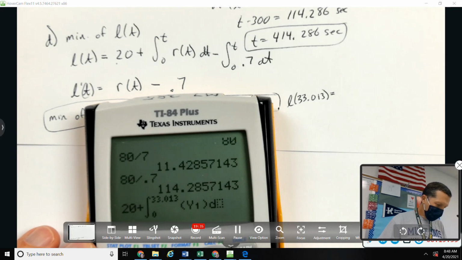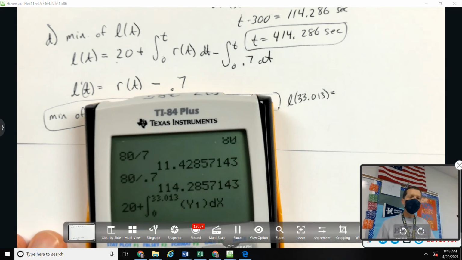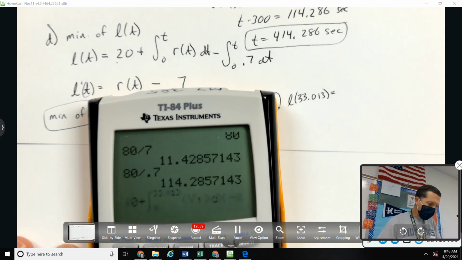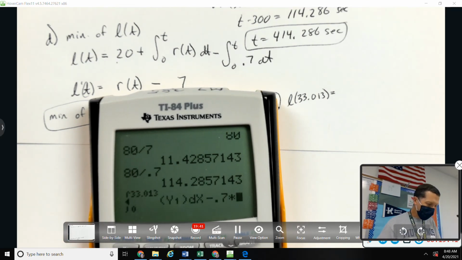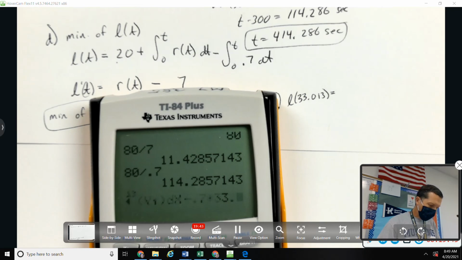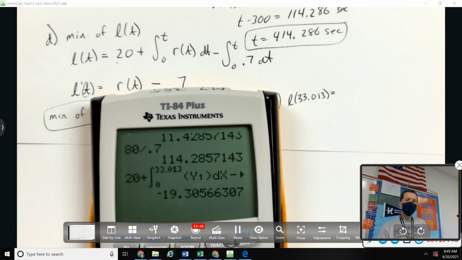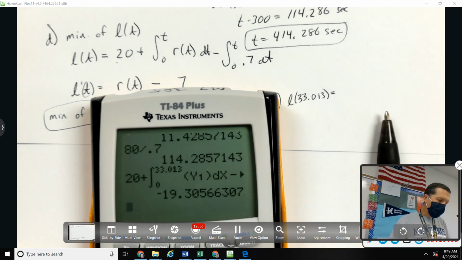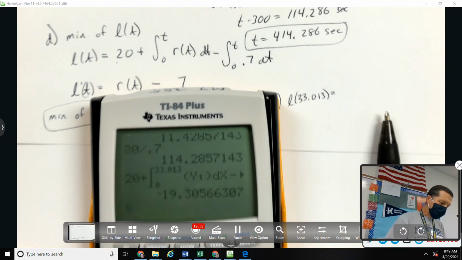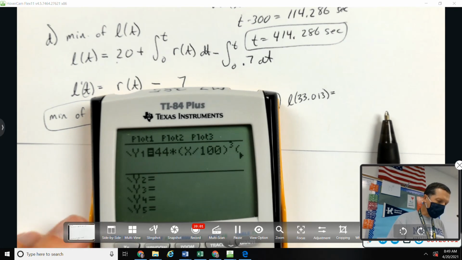So that's how many people we added. And then we took off the escalator, 0.7 times 33.013. Negative 19. That doesn't sound right, does it? Yeah, my Y1 still had the minus 0.7 on there, which means I could have just done the Y1.